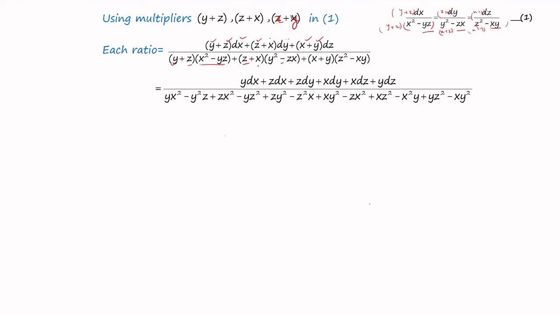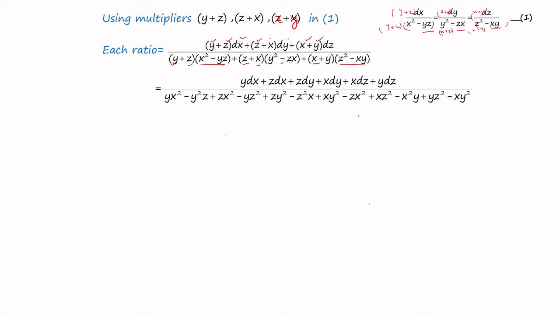Next term is x multiplied by xy squared, and plus into minus you have minus, and z into x you have z squared x squared. Similarly x is multiplied by these two terms, so x z squared, plus x into minus xy, so you have minus x squared y, plus y into z squared minus x into y, so minus xy squared.